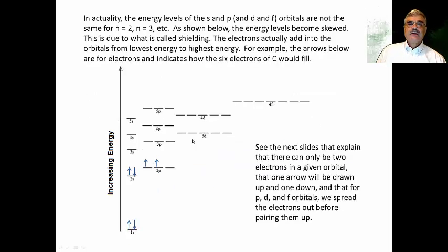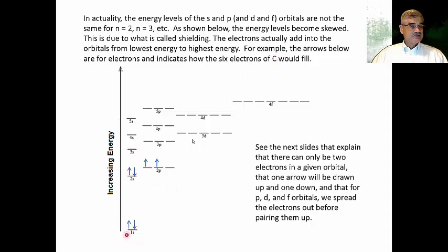Okay. Now, in actuality, once we go beyond the hydrogen atom, it turns out that this organization of energy levels becomes skewed. And I show in this diagram the 6 electrons for carbon.